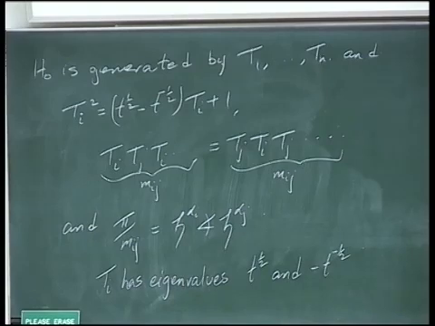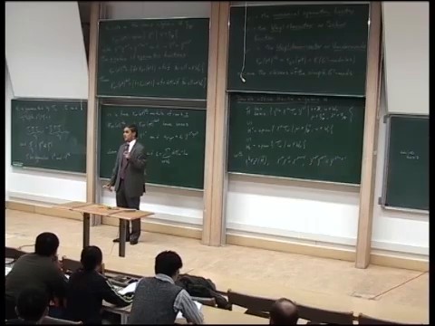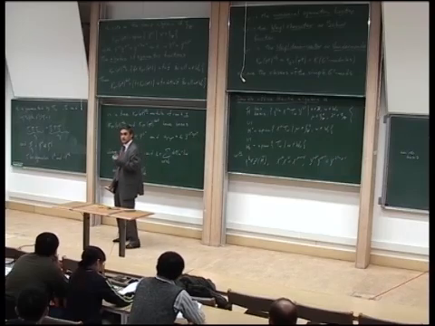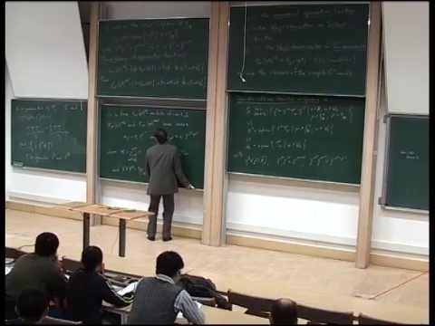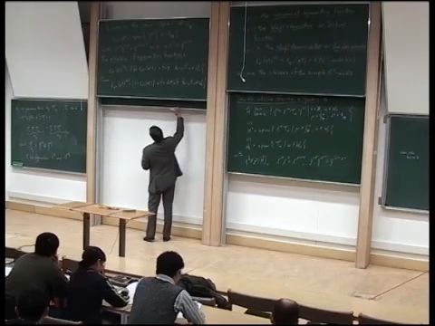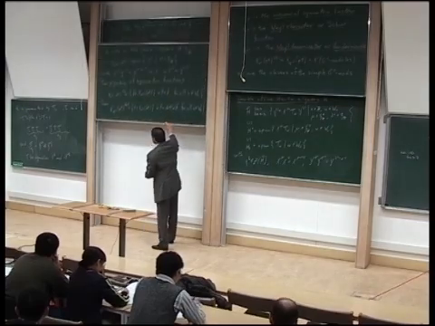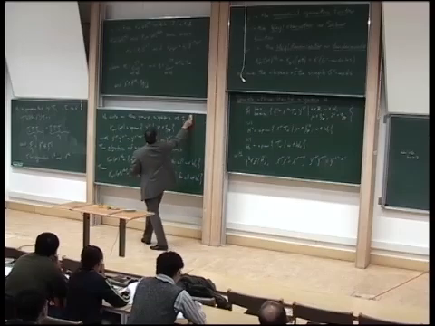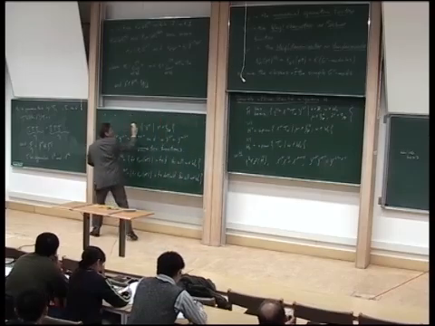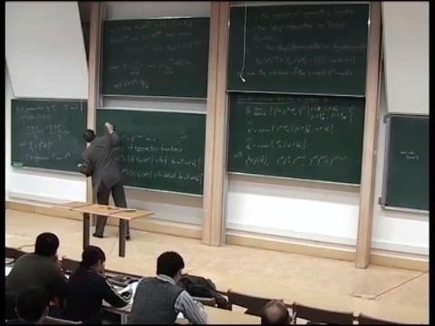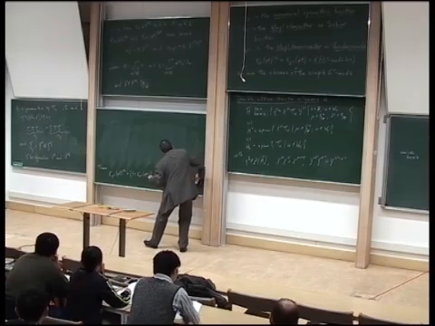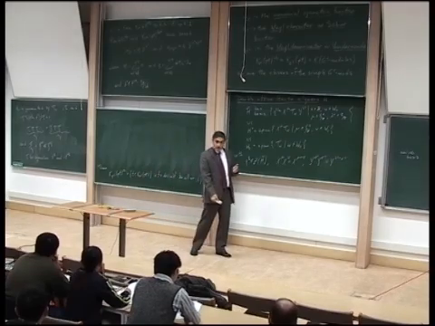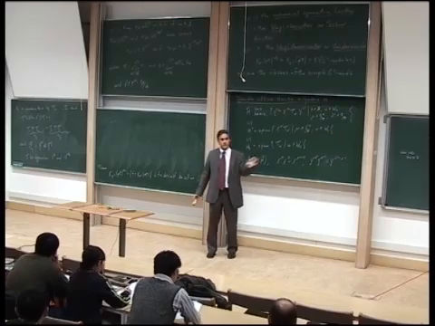So instead of being a reflection and having eigenvalues 1 and minus 1, it has eigenvalues t to the half and negative t to the minus half. Okay, so that's, I think, all we need to know about the double affine Hecke algebra for today. t is another parameter. View it as another parameter. It commutes with everything.